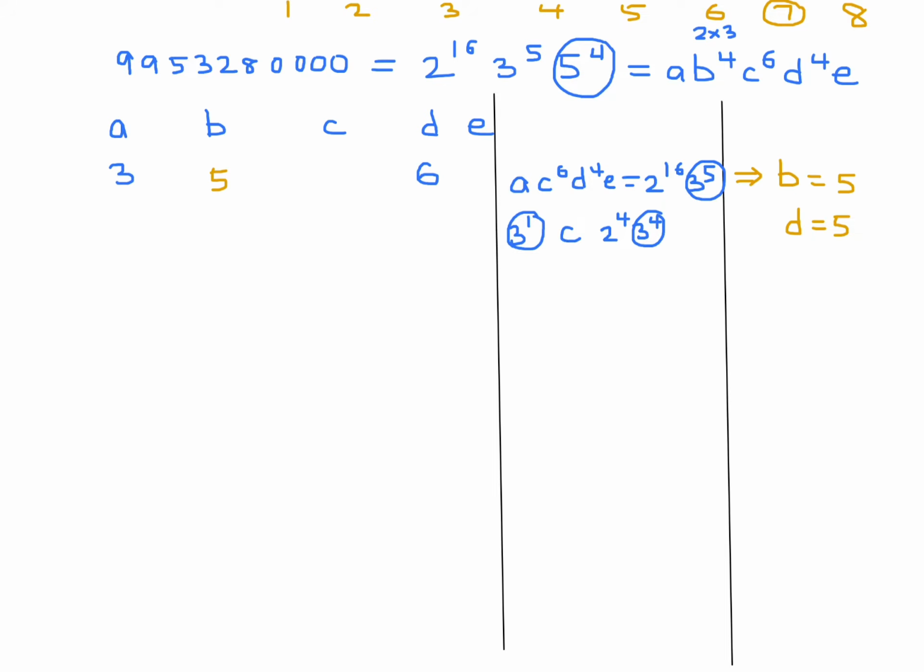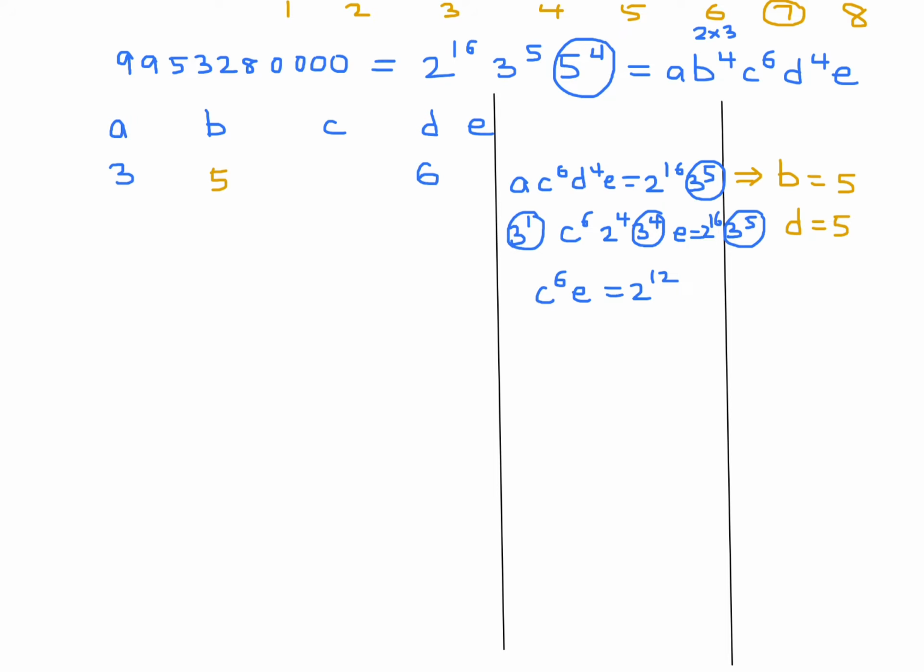So now I'm left with C to the power of 6 and E, and this is 2 to the power of 16. So let's simplify this. This basically means that C to the power of 6 times E is 2 to the power of 12, since the 3 was already taken care of.